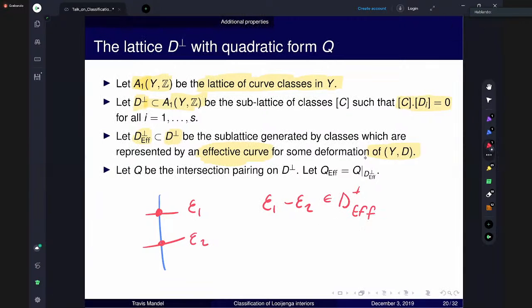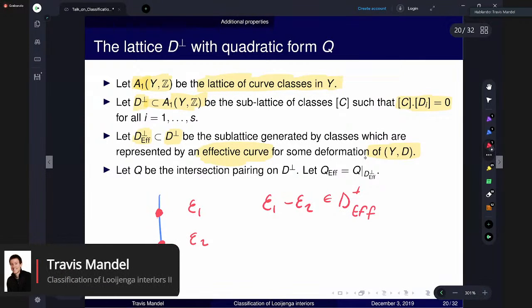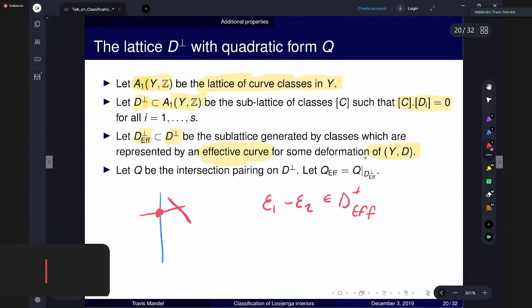It lives in D perp effective because I can move these 2 blow up points around until they coincide and end up at the same point. So I can deform this so that I'm blowing up the same point twice. I blow up this point, and then I blow up this point again, and I end up with 2 exceptional divisors here. And then E1 minus E2 from before ends up corresponding to the exceptional divisor from the first blow up.